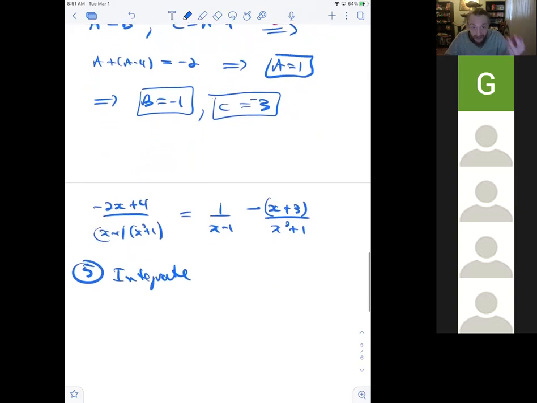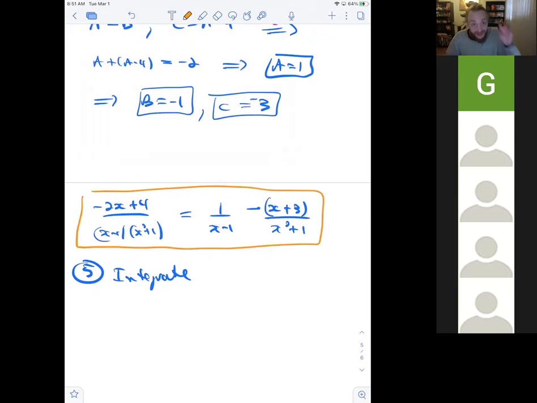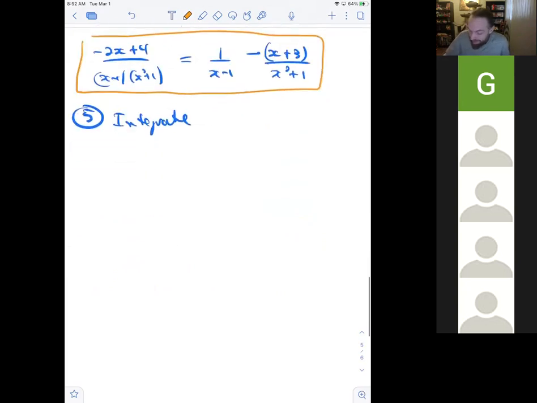Once I have the a's and b's and c's and whatever, then I can split. The idea was to take the left-hand side, which had them multiplied together as products, to the right-hand side form, which has them all as linear terms or irreducible quadratic terms individually, and now I can integrate them.